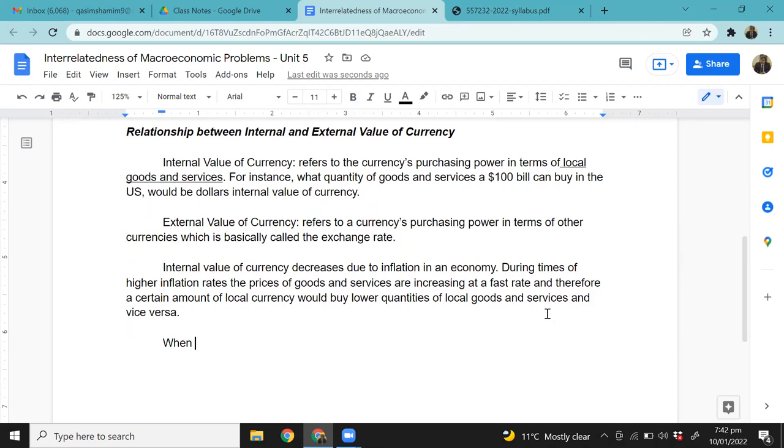Think about it. If Indian products are becoming more expensive, then would India be able to export more or less? It would be able to export less, right? Lower demand for Indian exports, right?